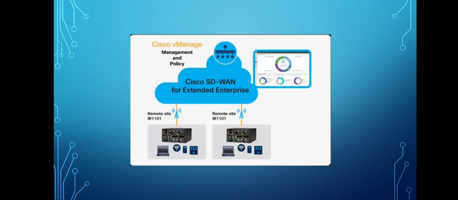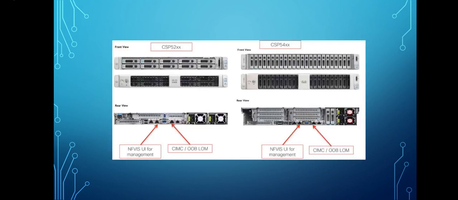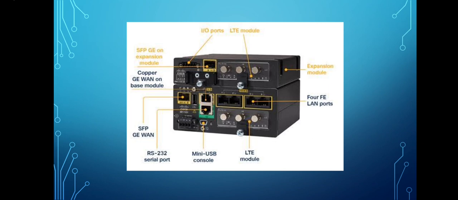At the branch end, we'll be using the IR1101, 1100 series. At a data center, we'll be using the CSP 5200 series, 5400 series. This is the 1100 series, just for your information.